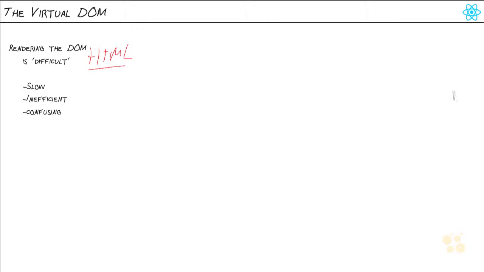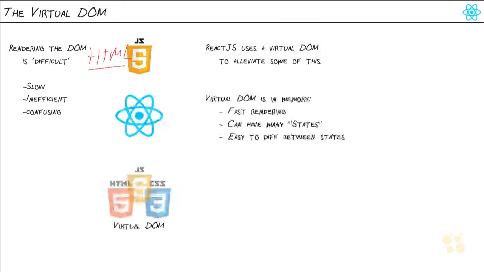It cares about state management, and it does it through a really clever technique called the virtual DOM. So the way it works is you write your React.js JavaScript, and that JavaScript goes through the React compiler, and the React compiler writes out a virtual DOM. And a virtual DOM is an in-memory DOM.